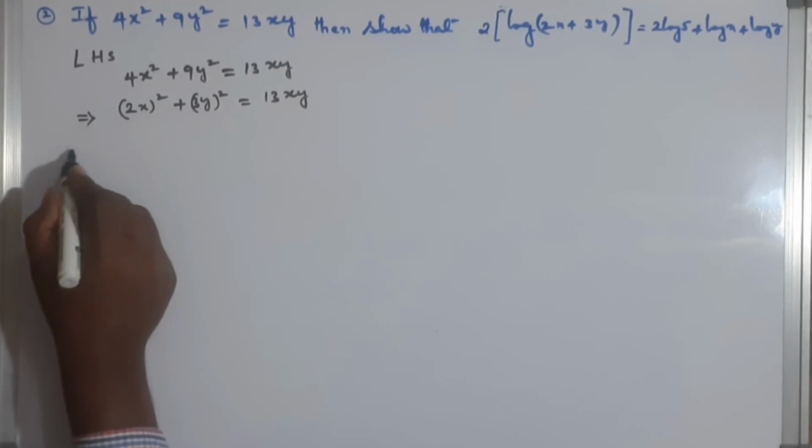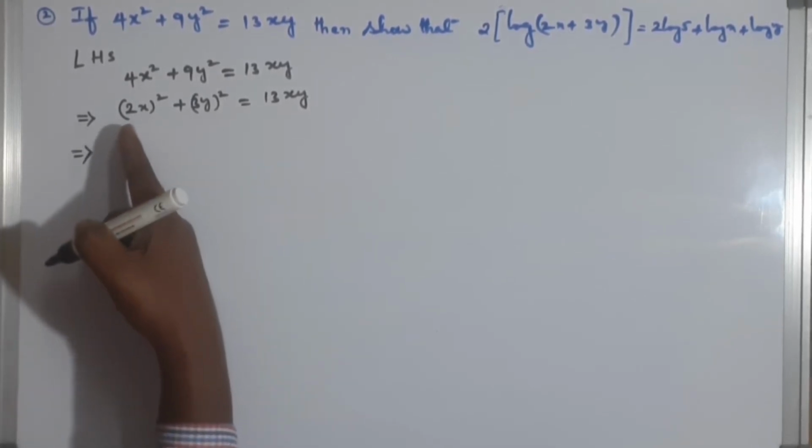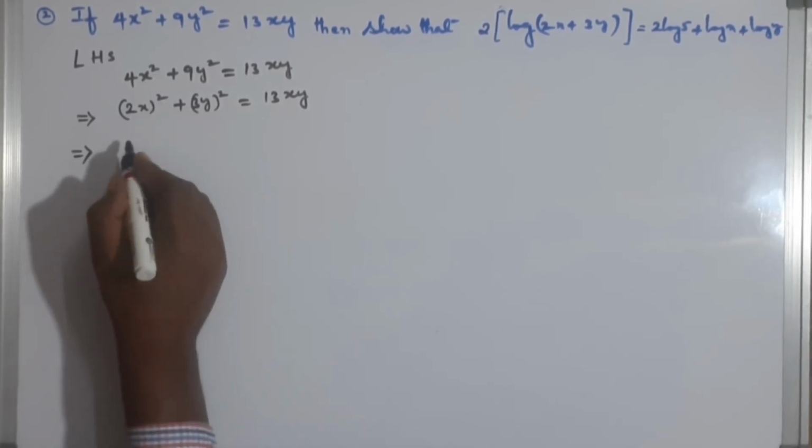Now I told you we need to add 2ab on both sides. What is a? 2x. What is b? 3y.